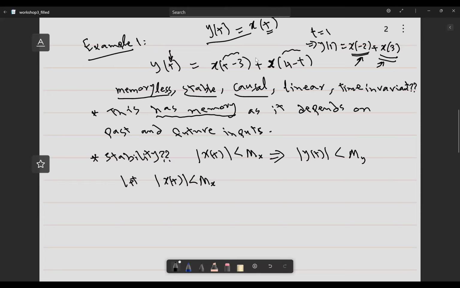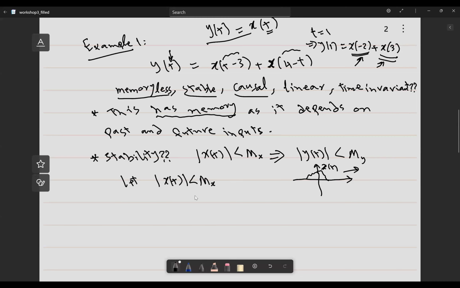If x(t) is bounded, x(t minus 3) will be bounded or not? It will be bounded because, let's say x(t) was some signal like this.